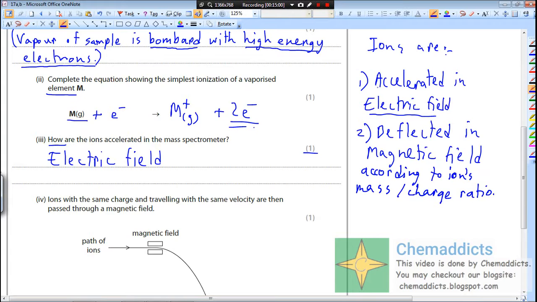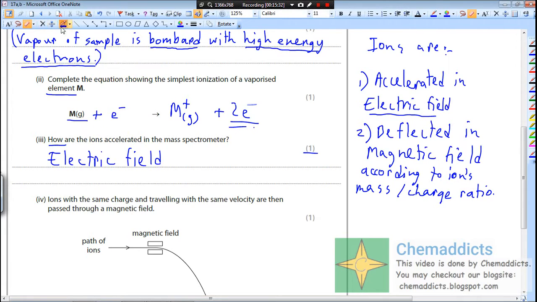Then the ions are passed through the magnetic field where the ions are deflected according to mass by charge ratio. So that's the answer to this question. This is how we are going to answer this question.